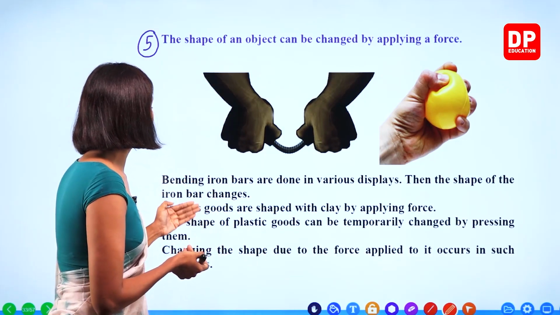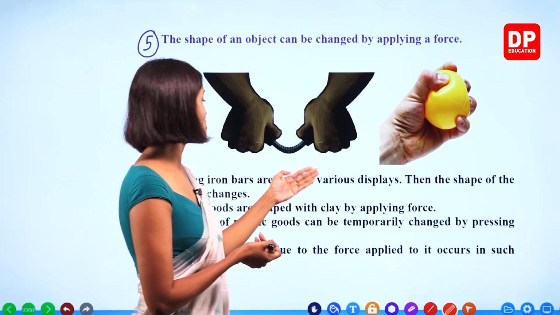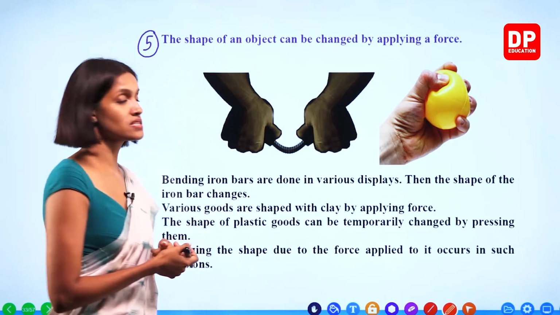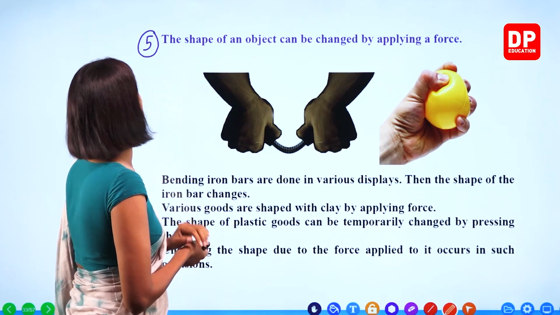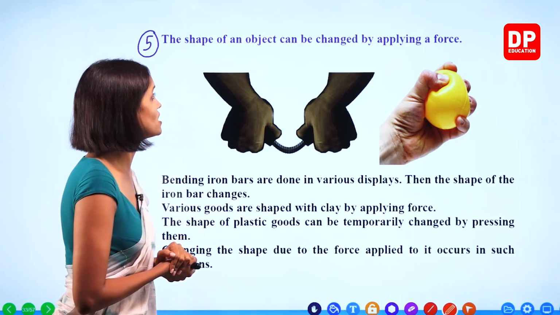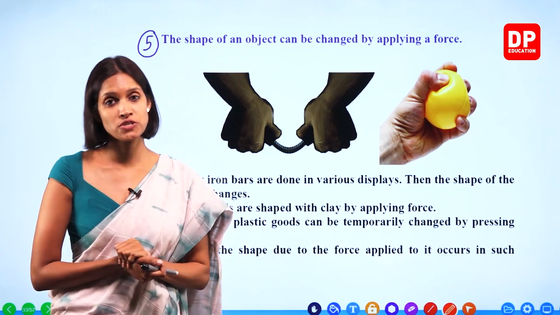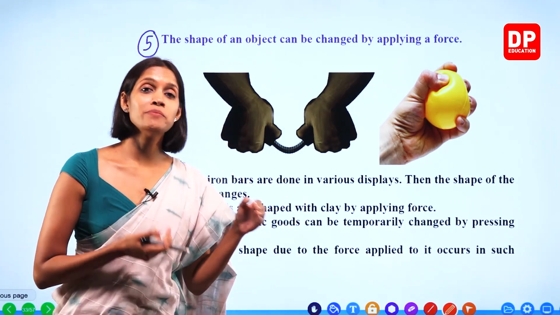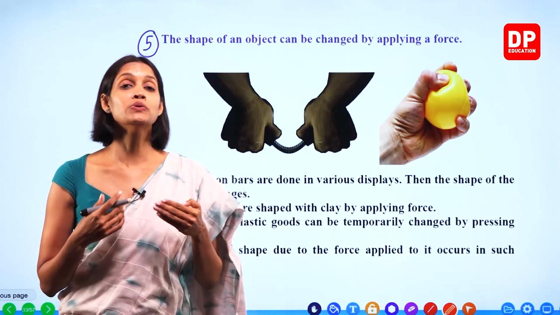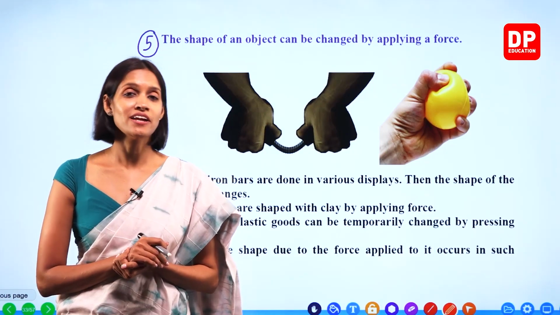So changing the shape due to the force applied to it occurs on such occasions. So number 5, the fifth effect of force, is that the shape of an object can be changed by applying force.